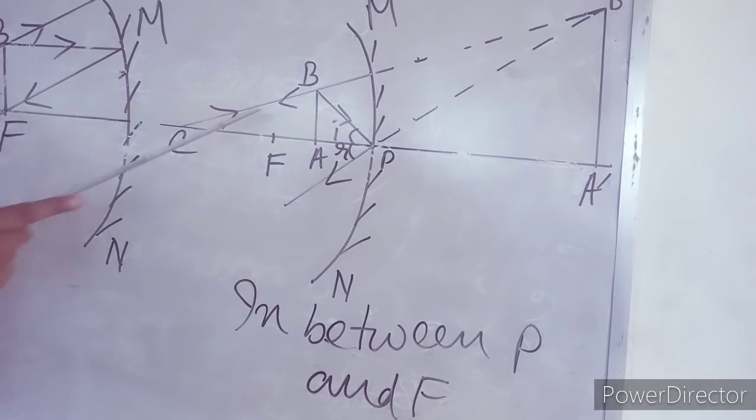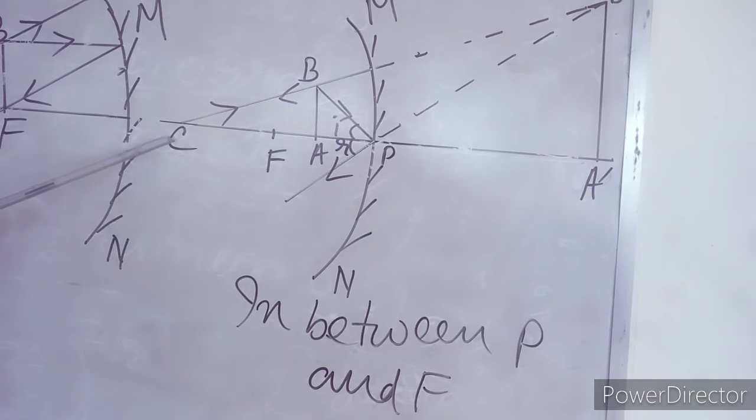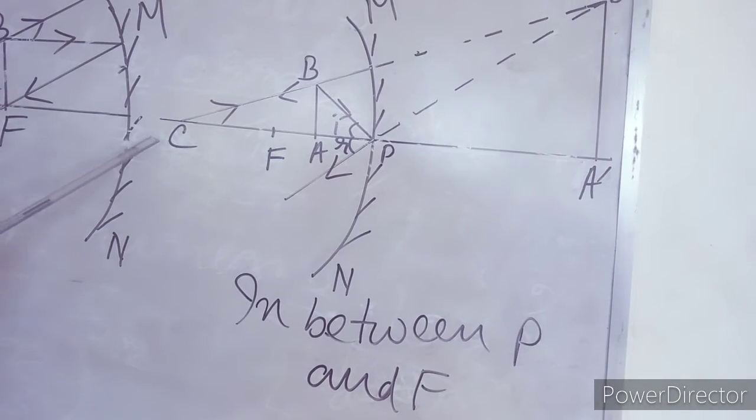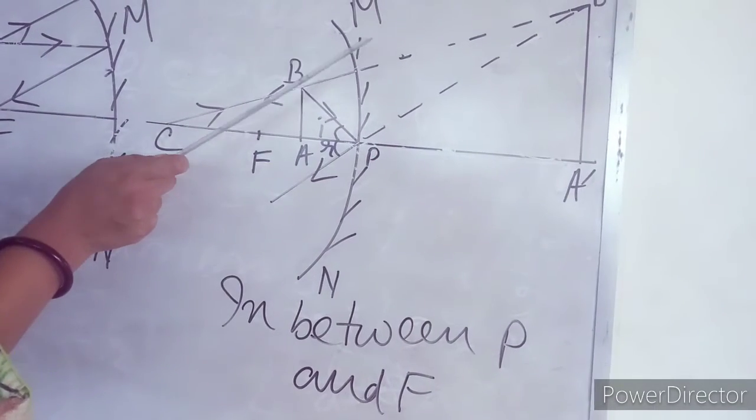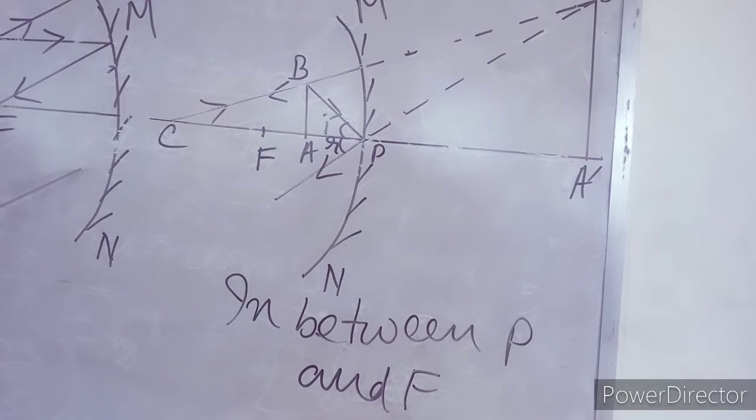Another ray which is passing through the center of curvature, that is, from the center of curvature the incident ray is coming. After reflection it is returning back through the same path.